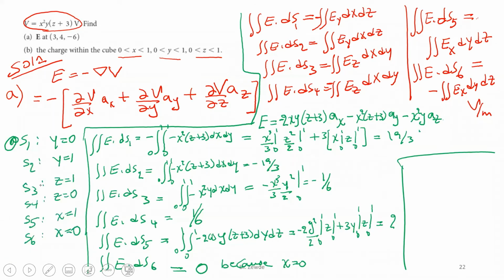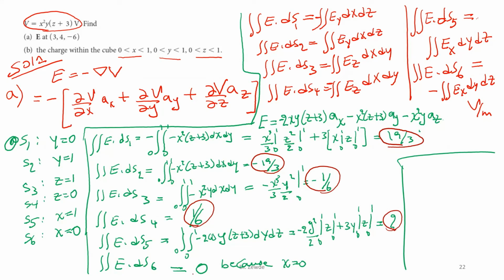For the second surface, the third surface, the fourth surface, the fifth one, and the last one. For the last one, since it is on the x equal to 0 surface, if you substitute x with 0, the Ex term will be gone. So therefore, there's no integral on that.